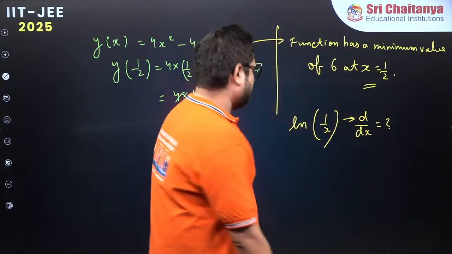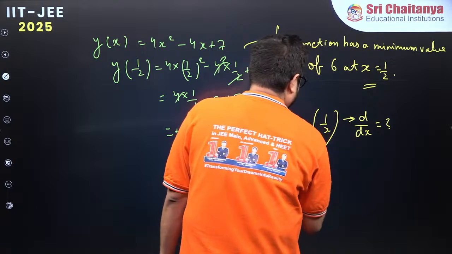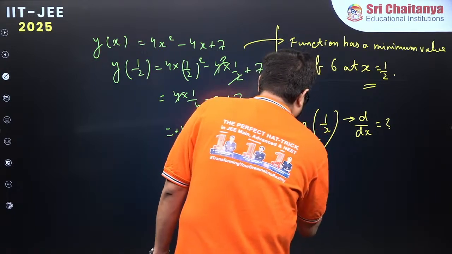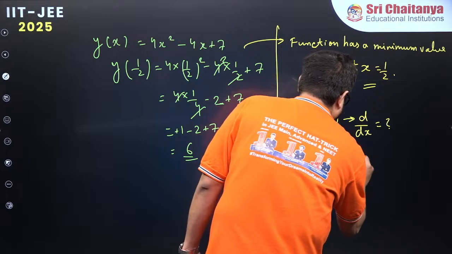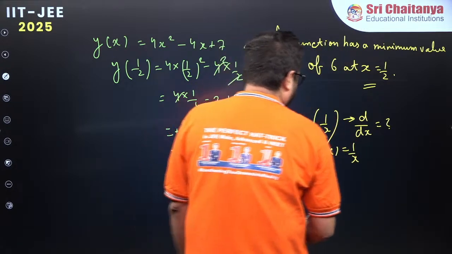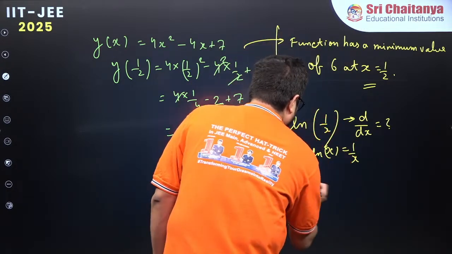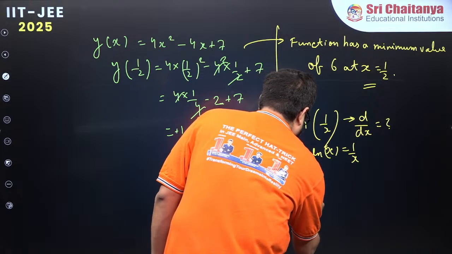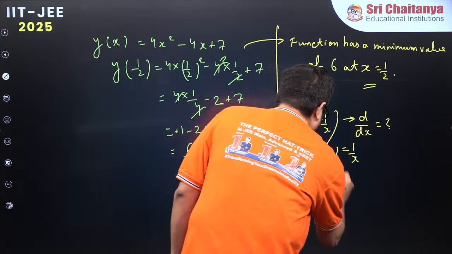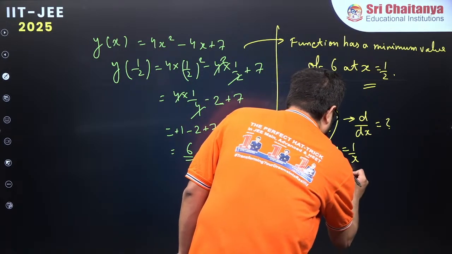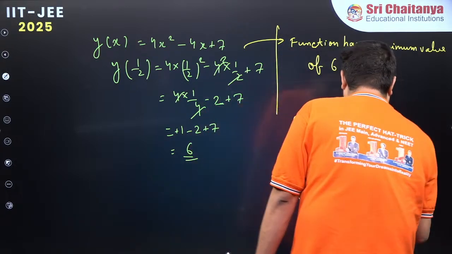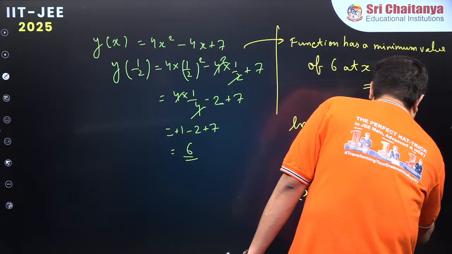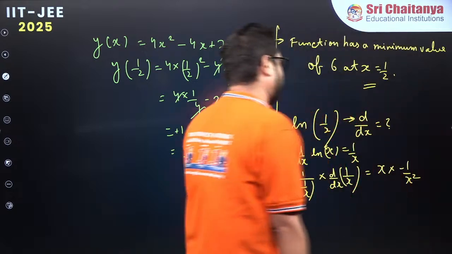So what do we do? You know that d by dx of ln x is 1 by x, isn't it? So you just need to write down the value. That means it's going to be 1 by x into d by dx of 1 by x. As a result, I will be getting x into d by dx of 1 by x, which is minus of 1 by x square.